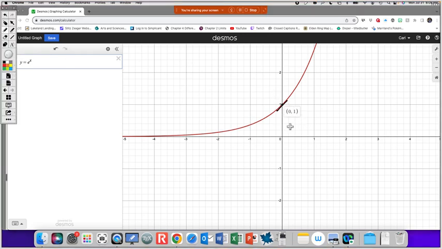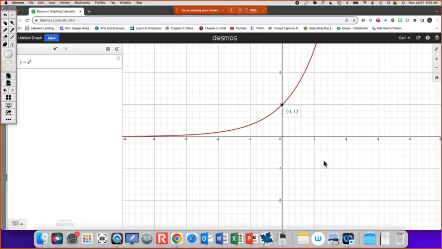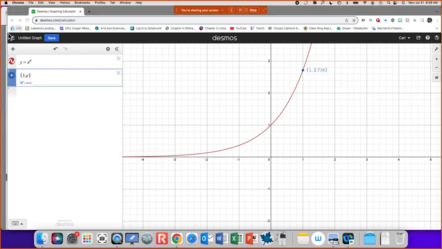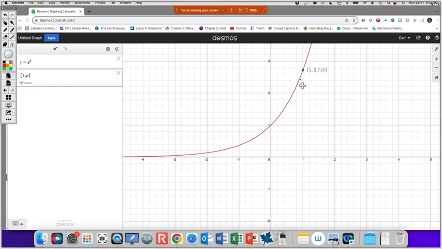That's the same as the slope. Okay? At the point 1, e, now the slope is e. You follow? So the higher up you get, the steeper you get.